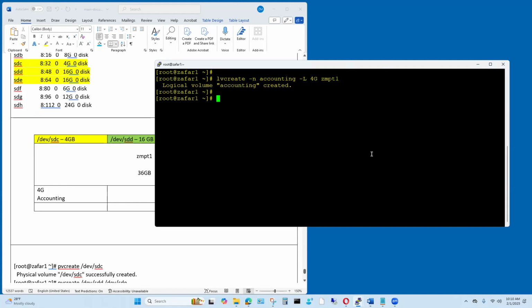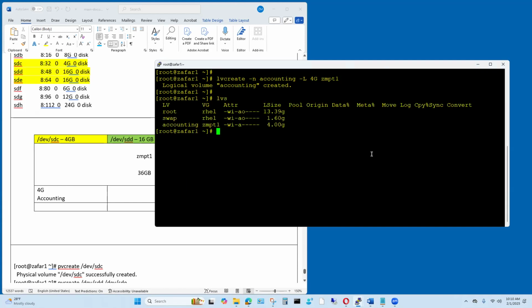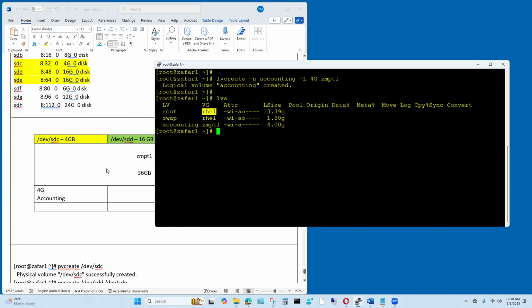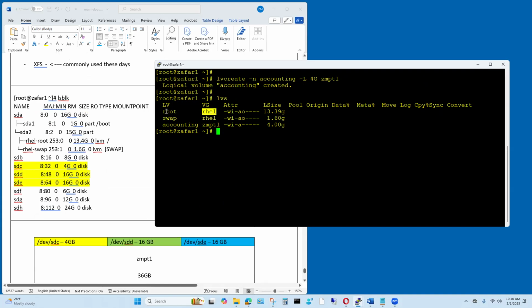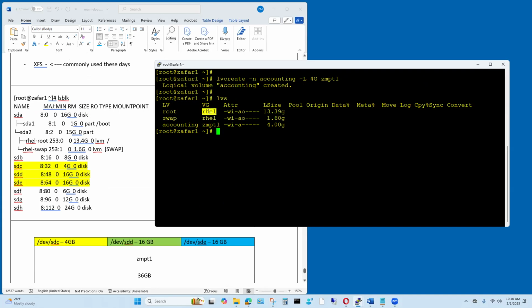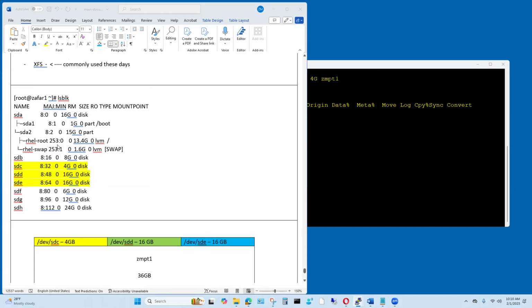And if you do lvs, it stands for logical volume show. So it's showing root and it's sitting on rel. If you go up here, these two were pre-made, because this was done by the operating system. Root is sitting on the volume group rel. Now it makes sense.